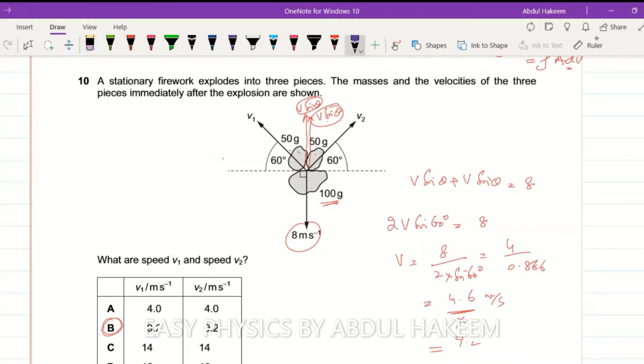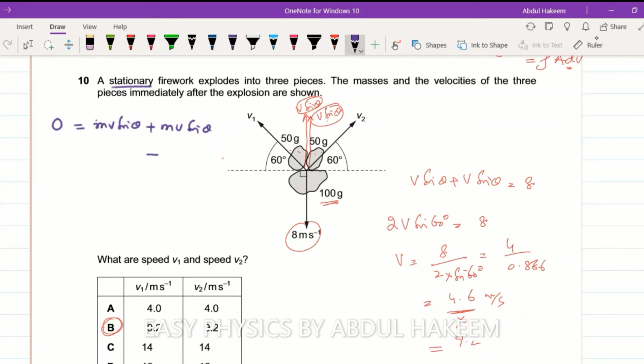Okay, so we can apply here the law of conservation of momentum. Initial momentum is zero total because they are stationary. And for the final momentum, upward y-axis is positive, downward y-axis is negative. So we take the vertical component. This is mv sine theta plus mv sine theta vertically up, but this down one is negative.